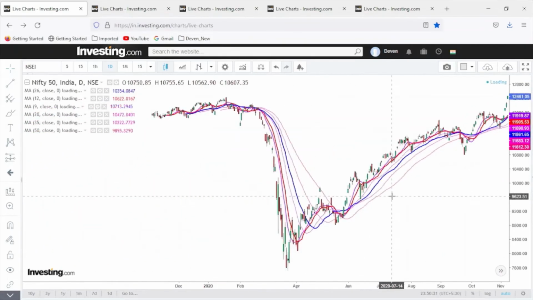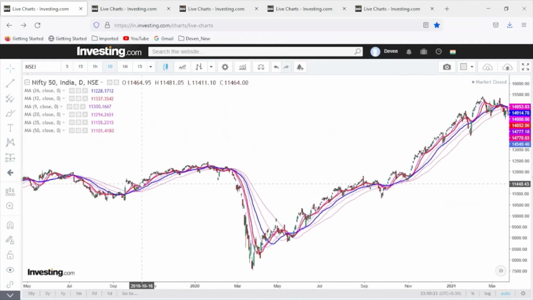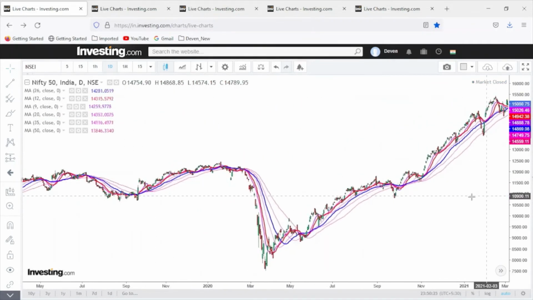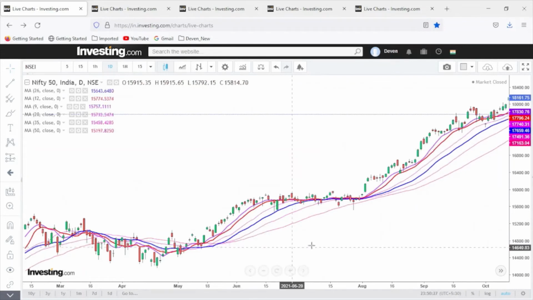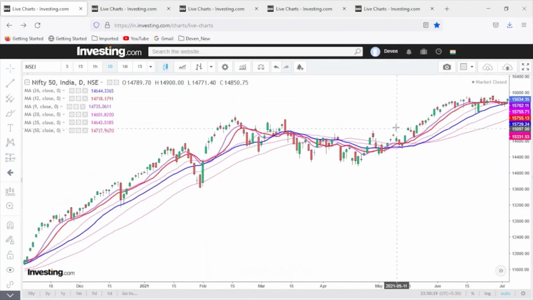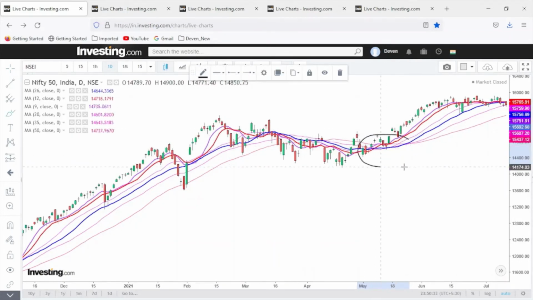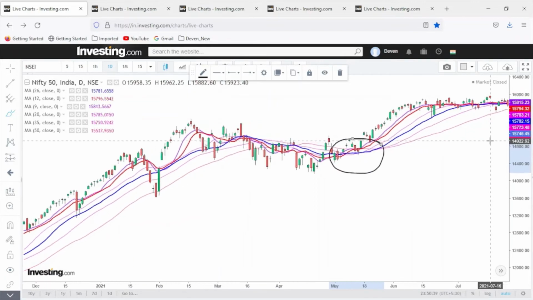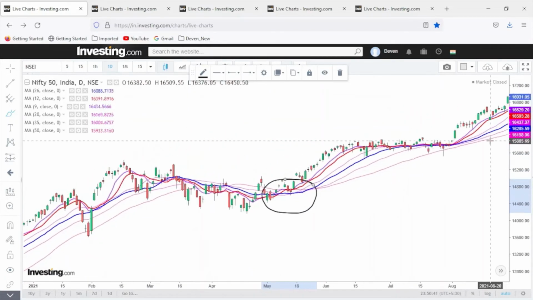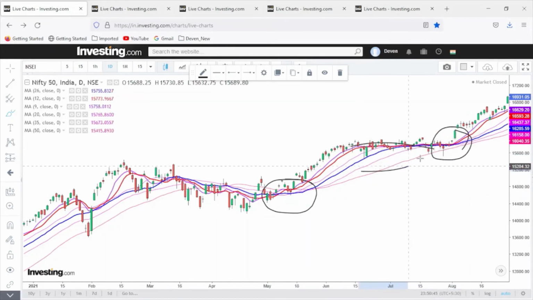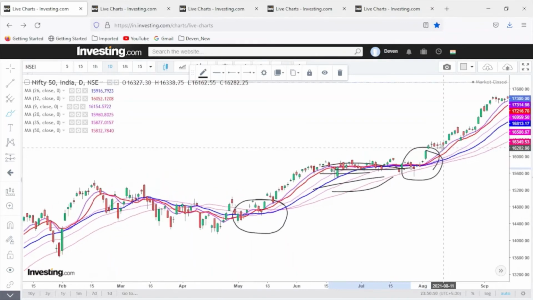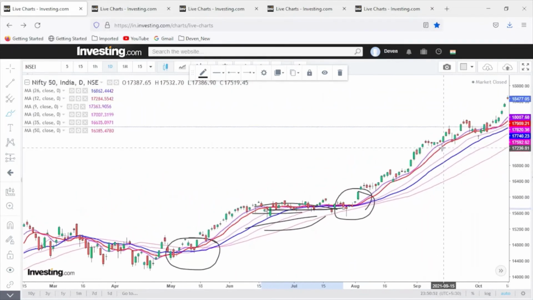Now whenever these multiple moving averages come close to each other, and you can see here at these conjunction areas, when they expand they give a very good profit. Now here you can see the way they expanded after the squeeze in the moving averages. There's a squeeze in the moving average, and we can see that the price went on and on and on.